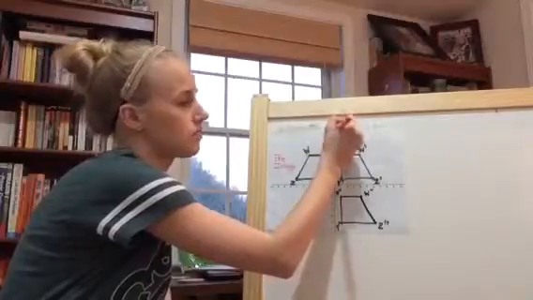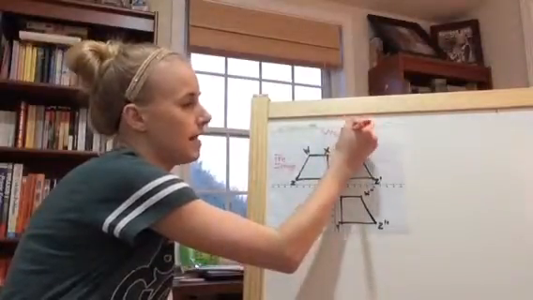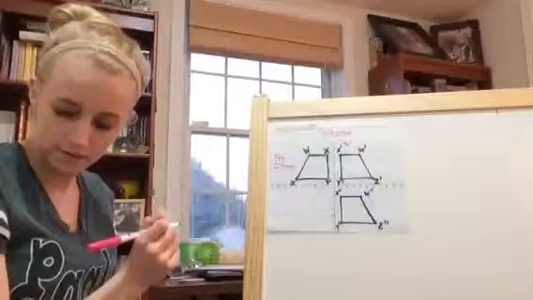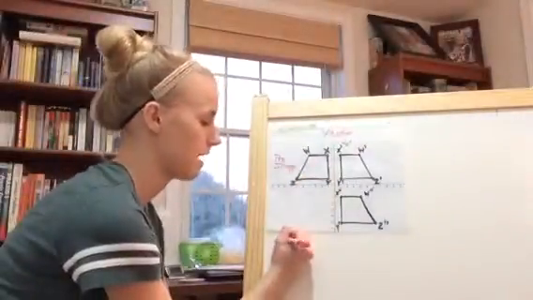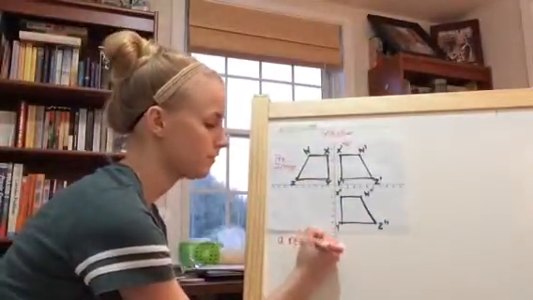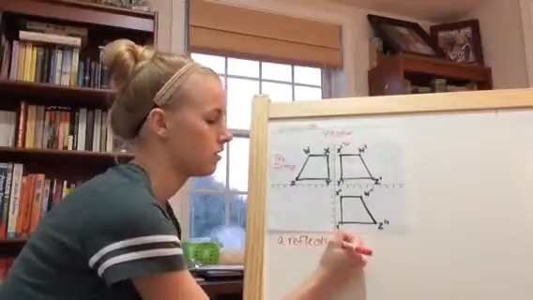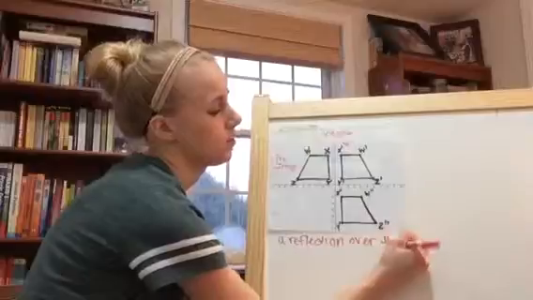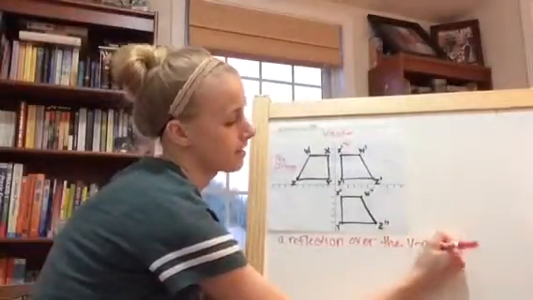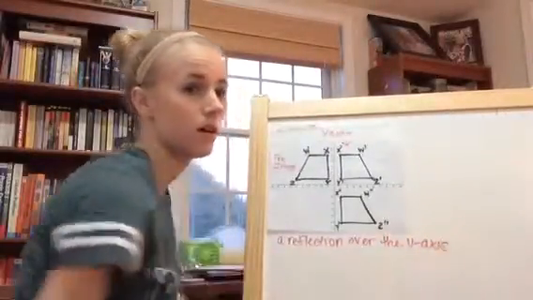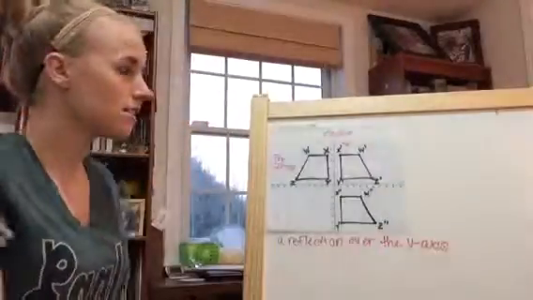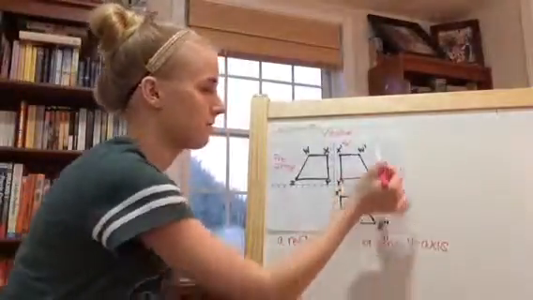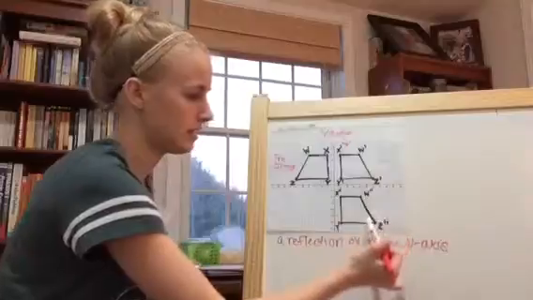So this is our y-axis, and this is the reflection it made. So I'm going to first say it was a reflection over the y-axis.